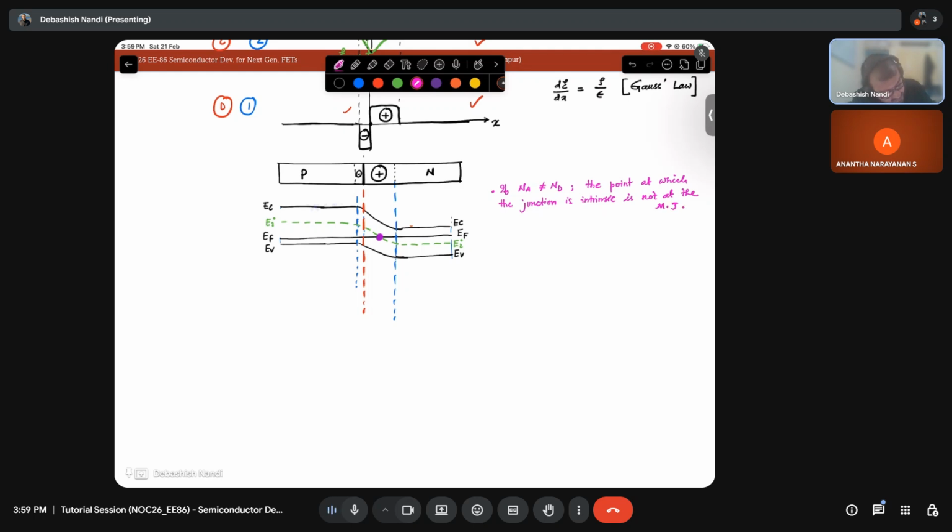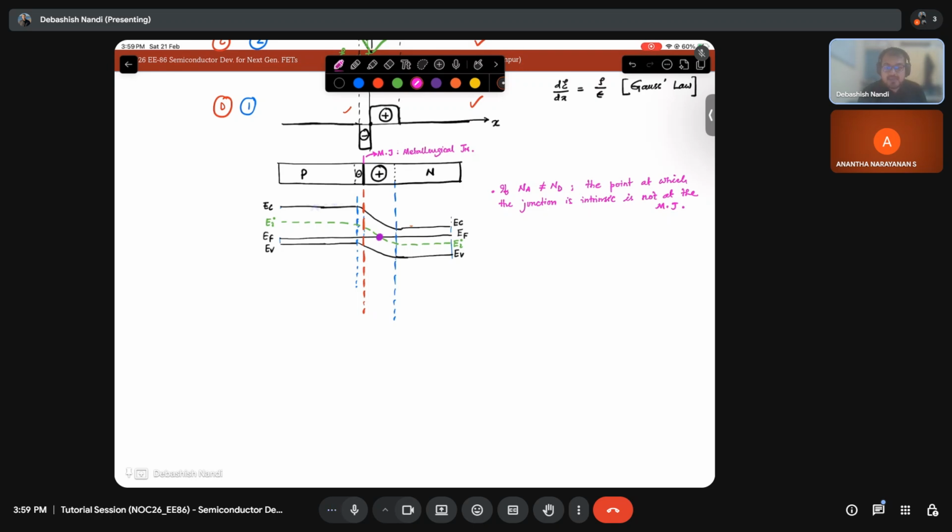This line is called MJ, or metallurgical junction. So you see that the intrinsic point is inside the N region in this case.